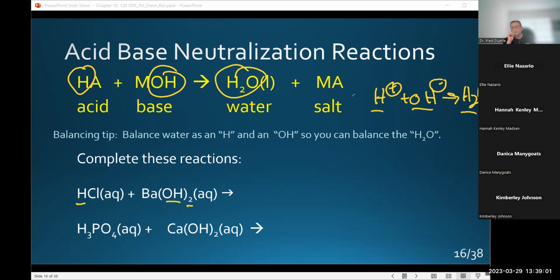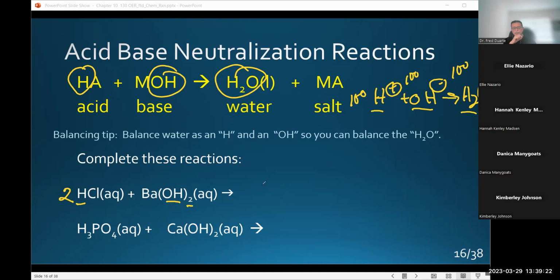And so if I have 100 protons, well, then I need 100 hydroxides to neutralize those 100 protons, and that would give me 100 waters. If I have two hydroxides, I am going to need two protons to neutralize those two hydroxides.